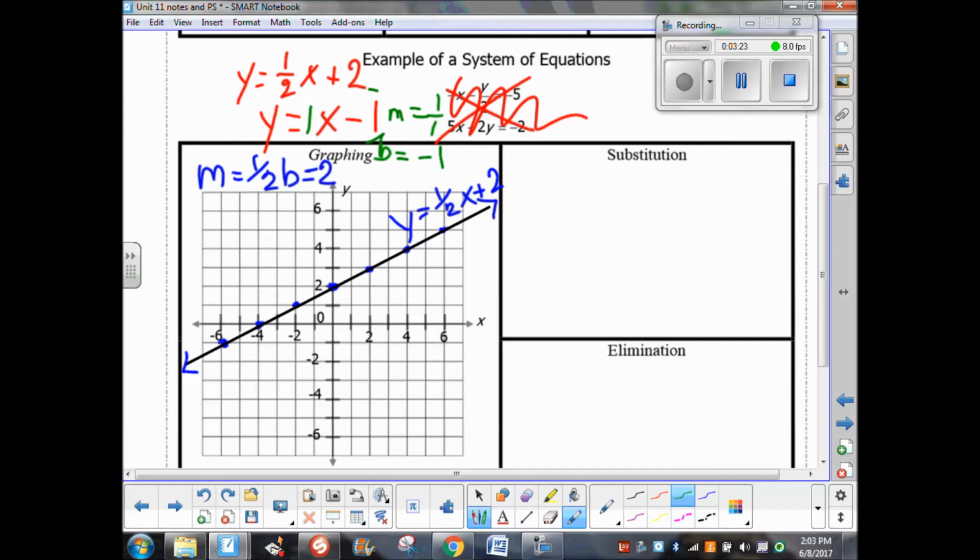-1. On the what axis? The y-axis. And then I go up 1 and right, it's positive, so I go up 1, right 1. And I want to keep doing that until I run into that other line, because where the 2 lines intersect is going to be my solution.